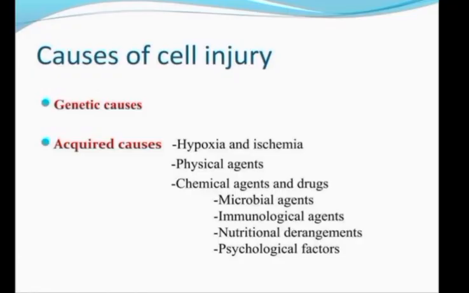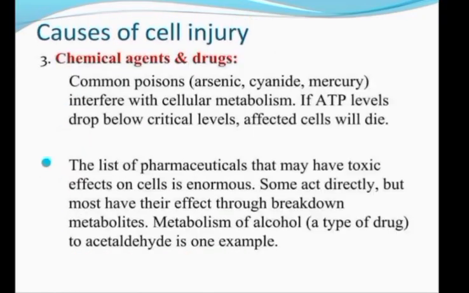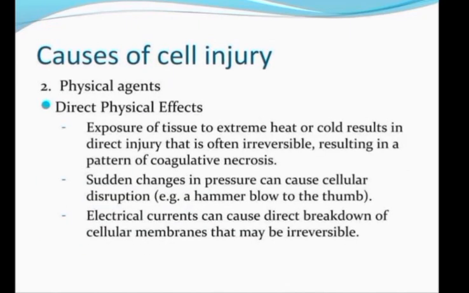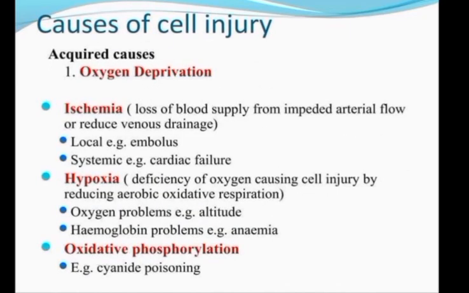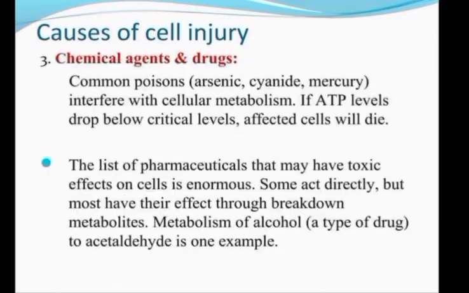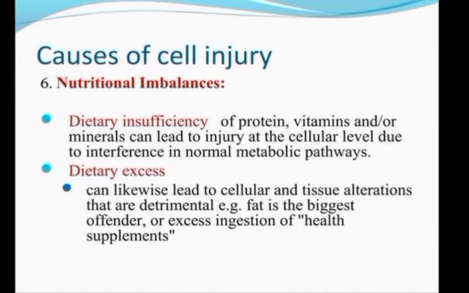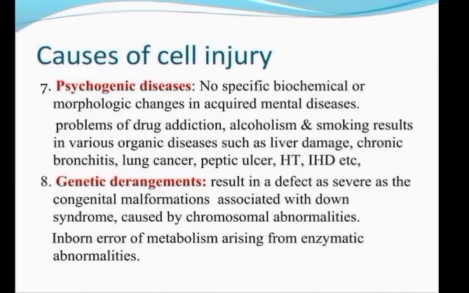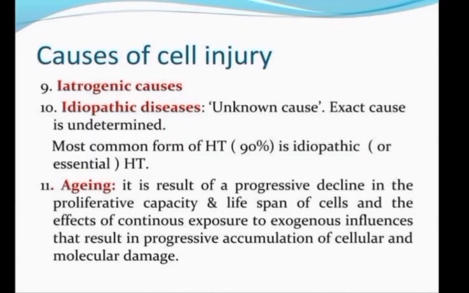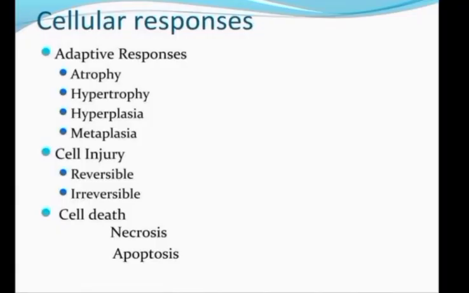In this video, what we have seen first is what is meant by cell injury and what the causes of cell injury are, acquired and genetic causes. In acquired causes there are ischemia, hypoxia, physical agents, chemical agents, microbial agents, immunological agents, nutritional imbalance, psychogenic, iatrogenic, idiopathic, then aging and cellular adaptations.